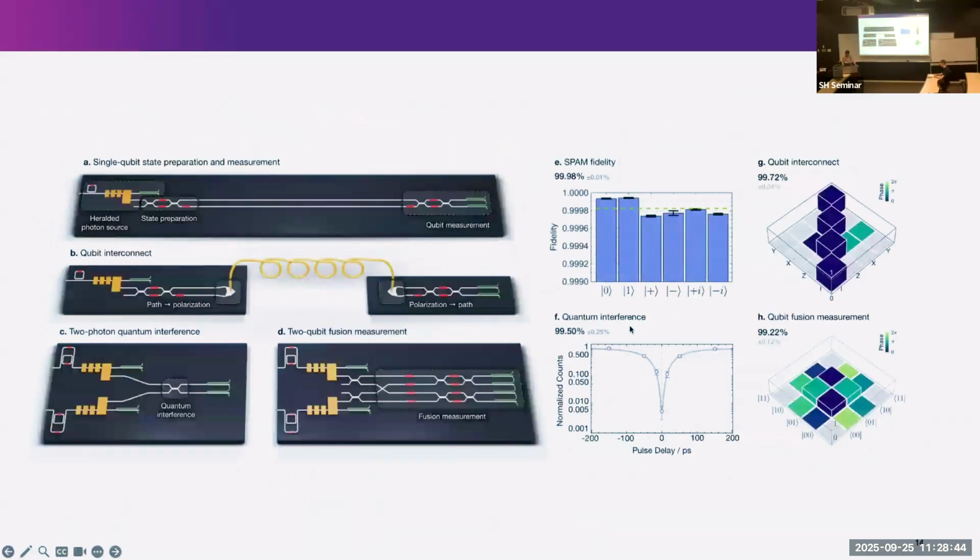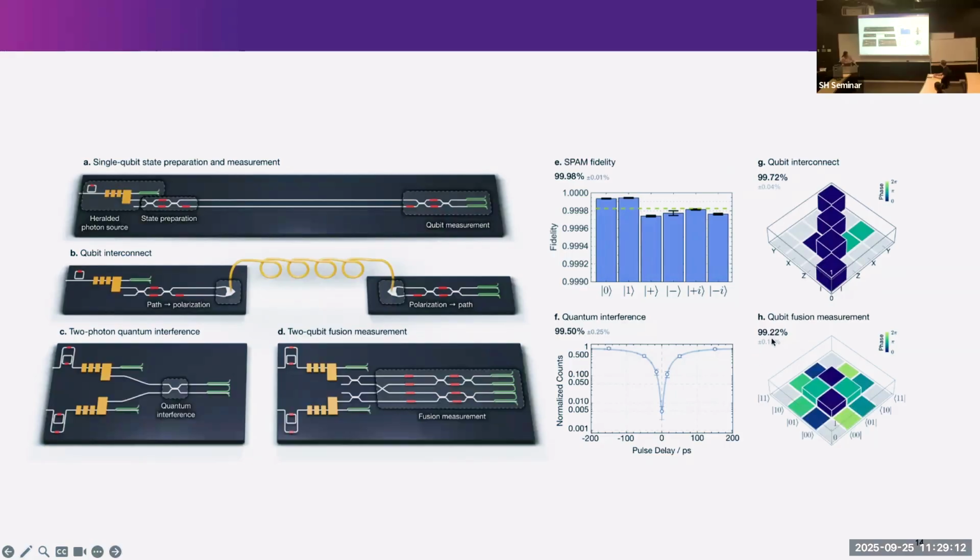So what do they have in that paper? They have Hong-Ou-Mandel dips from photons from independent sources at 99.5% visibility. That's really good. And then they have qubit fusion measurements. So how close are they to entangling those two photons?